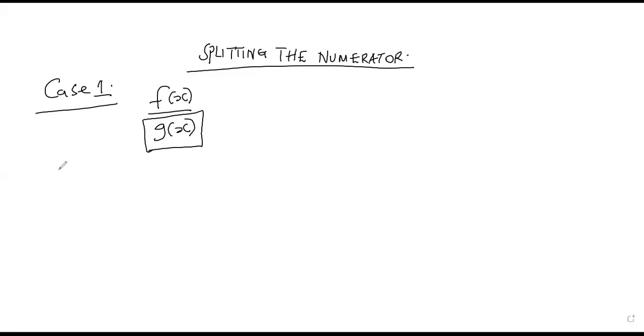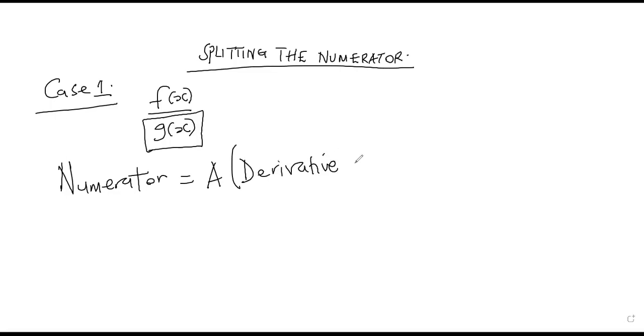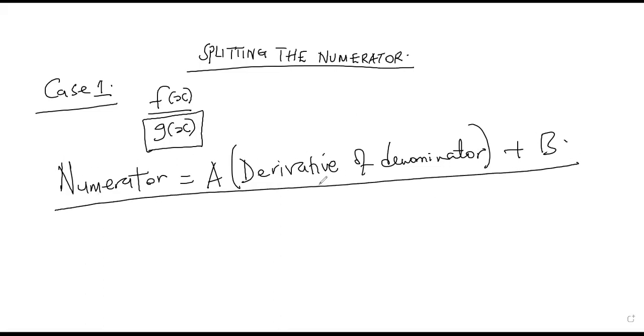To split the numerator, we use the condition that the numerator is equal to a times the derivative of the denominator, plus b.